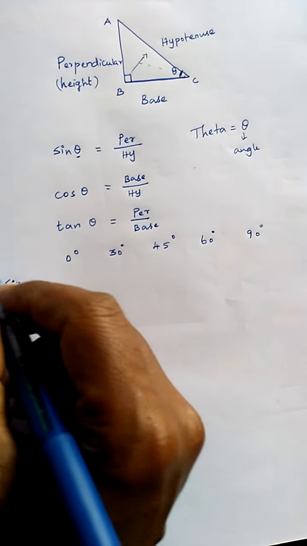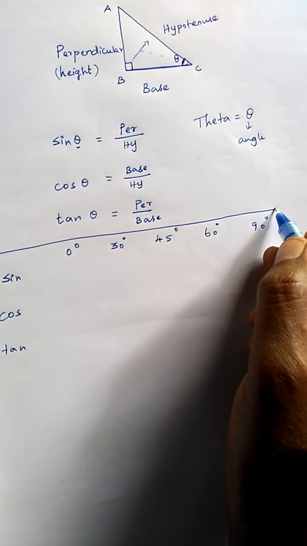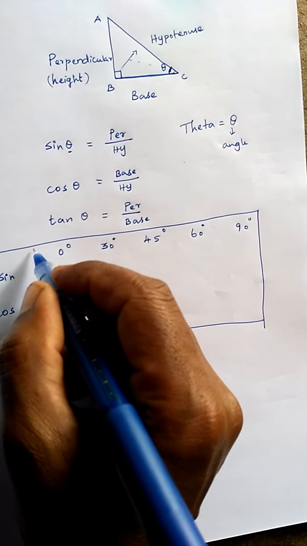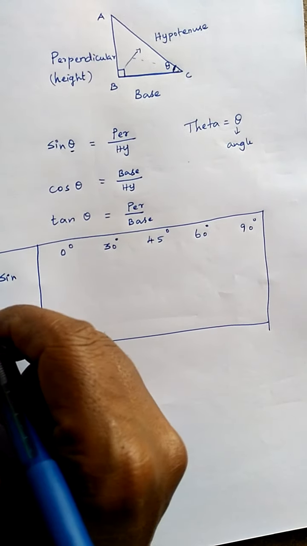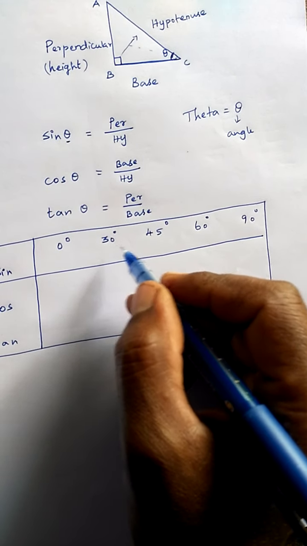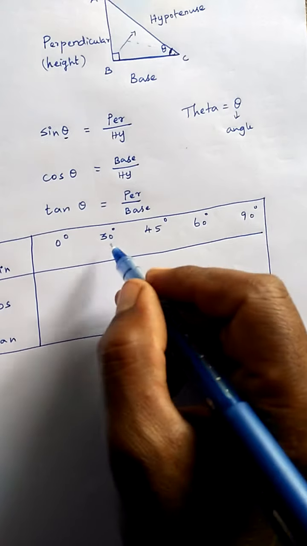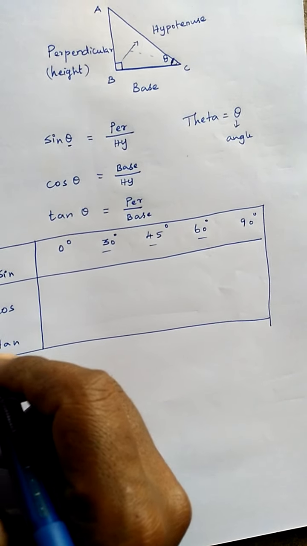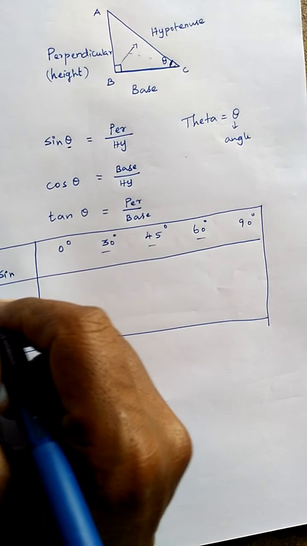So let's draw one tabular column. This tabular column is very important to solve these questions. In this, only these angles are important: 30, 45, 60. So let's learn all the values also.